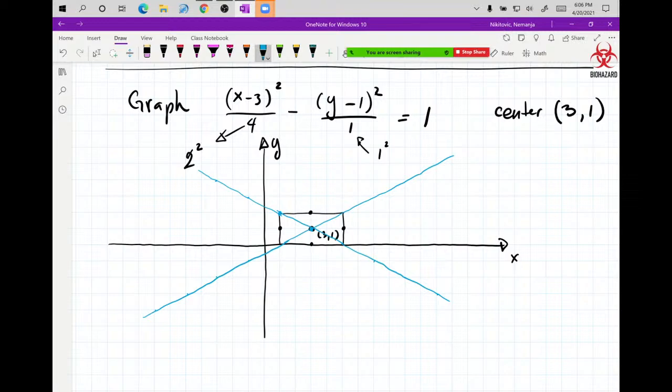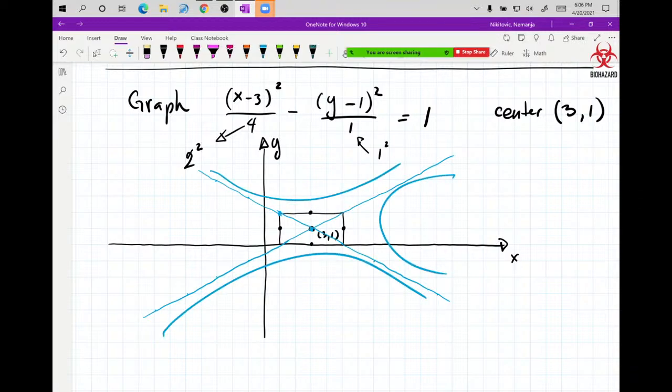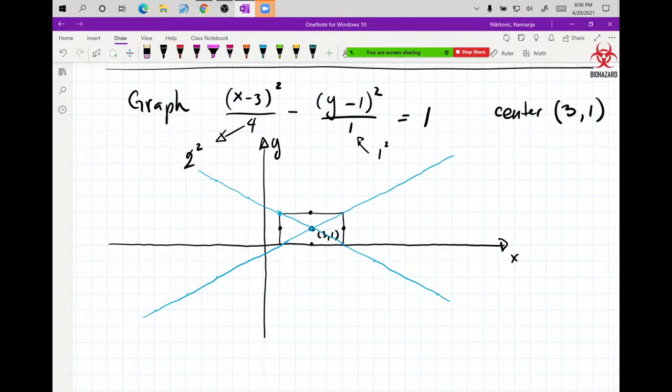And now you can draw the hyperbola here and here or on the side. Where do you draw your hyperbola? Well, it's x squared minus y squared. So these are sideways hyperbolas. Now you have your vertex, sideways hyperbolas.